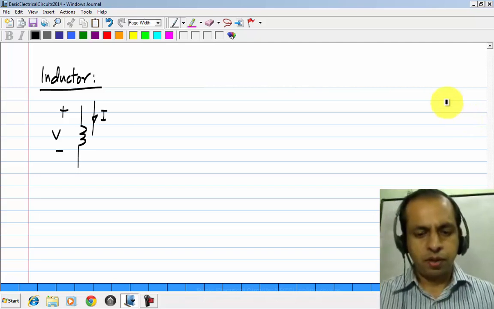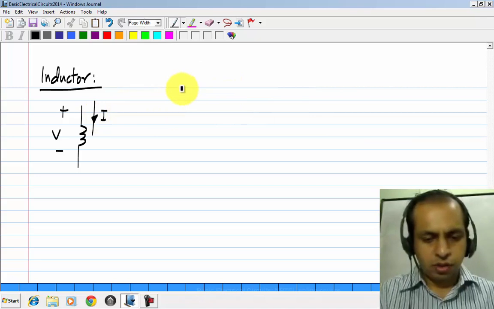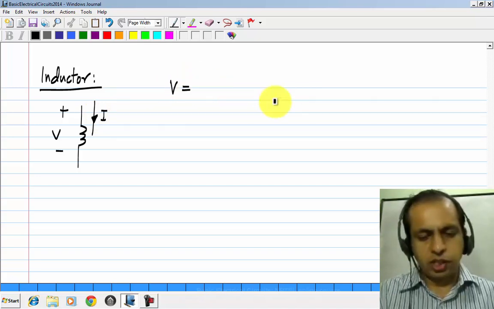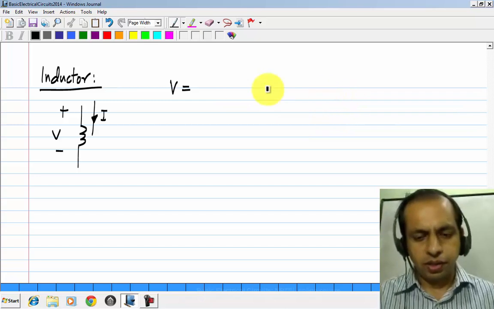Okay. Now it turns out that the voltage across an inductor is related to the flux linkage stored in the inductor.